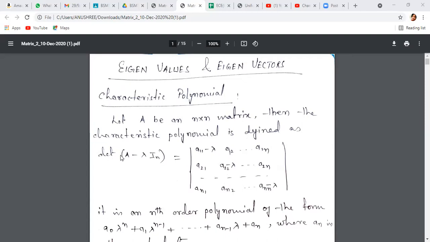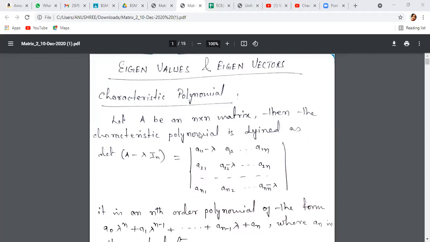Okay. So whenever we expand the determinant of A minus lambda I, we will come out with a polynomial containing the powers of lambda, because A contains some constant quantities and I also contains some constant quantities. So only lambda will be there. So we get a polynomial in powers of lambda, and that polynomial is known as the characteristic polynomial.